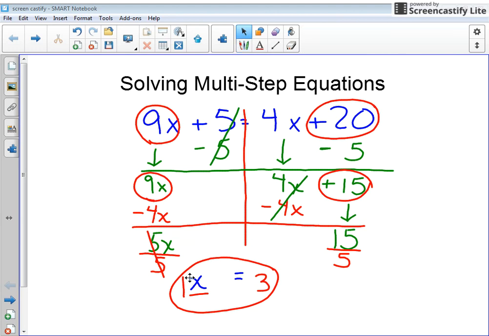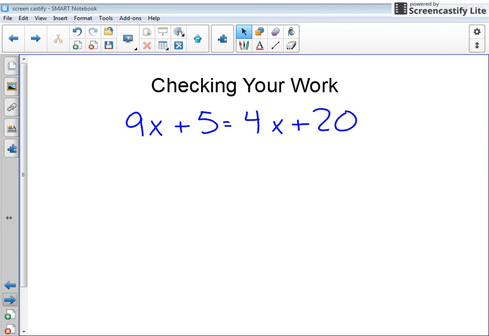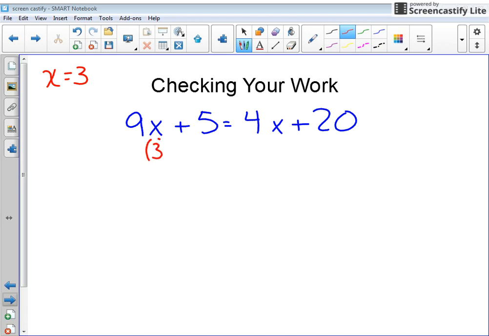Now, I want to continue here and show you how to check your work. So we found out that x equaled 3. The way to check your work is any time you have x in the equation, it's going to get replaced with the 3 that you just found in the solution.